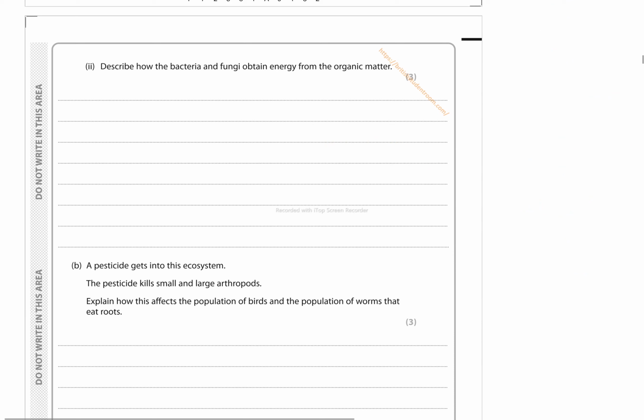Right. This you've got to know. First of all, the fungi and bacteria release digestive enzymes.